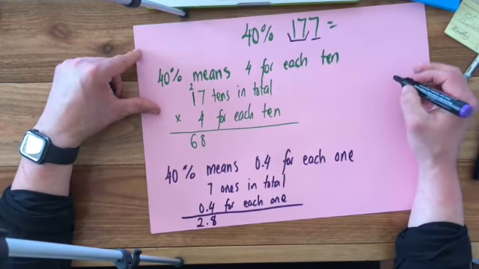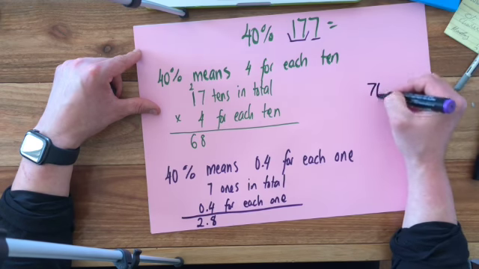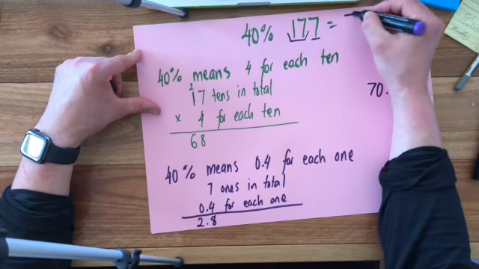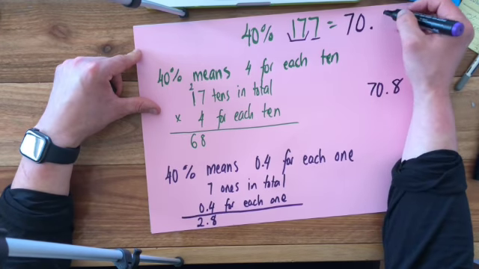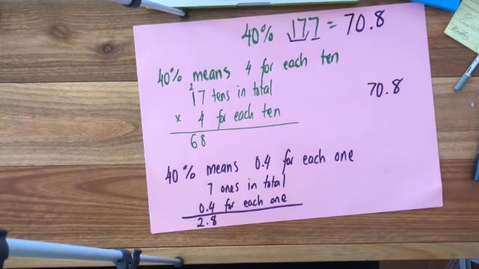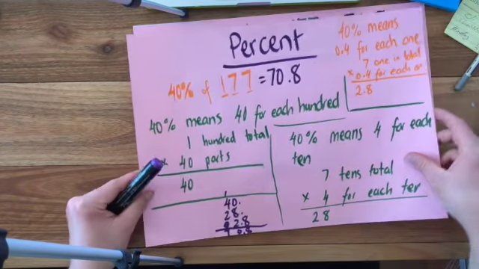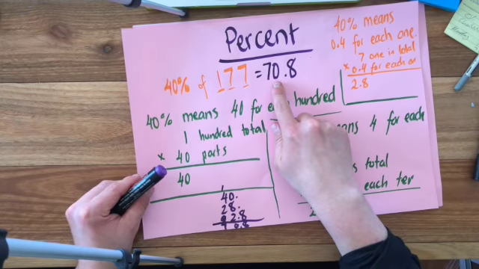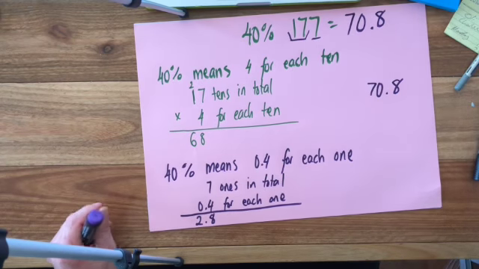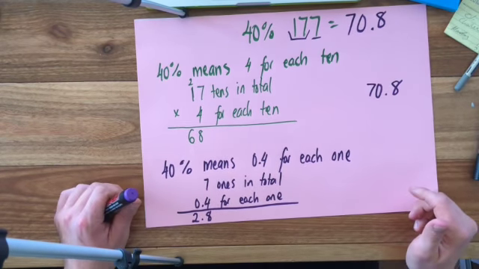And if I add those two up, I've got 70 and 8 tenths. So 40% of 177 is 70 and 8 tenths. Now, if I look back, that's a lot less working out than this one, and I've got the same result. Okay, so we're getting better. Still lots of working out here though.